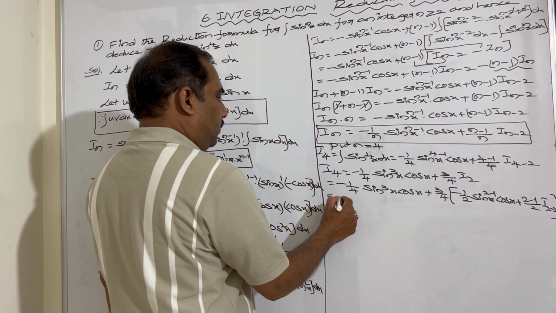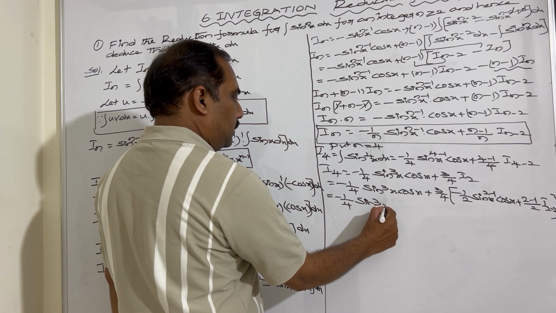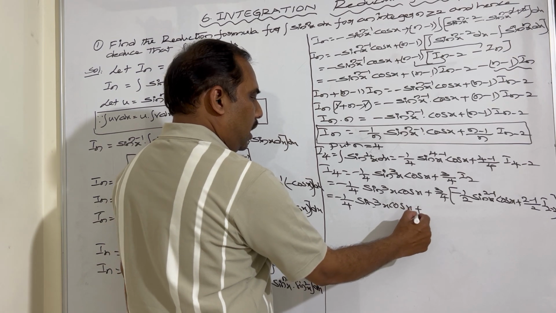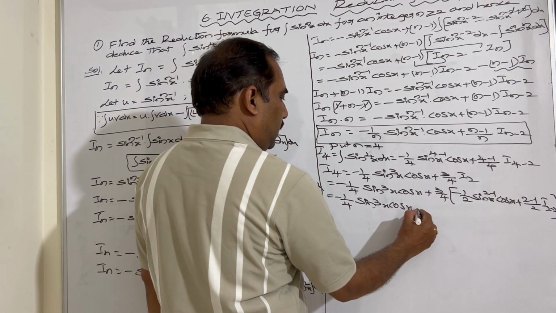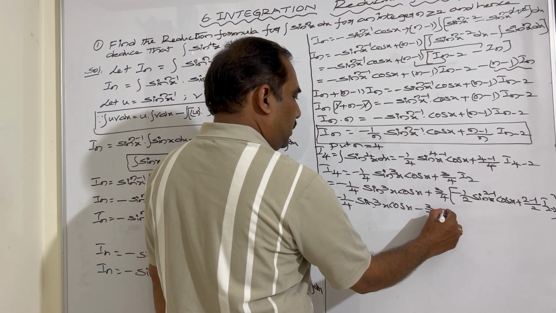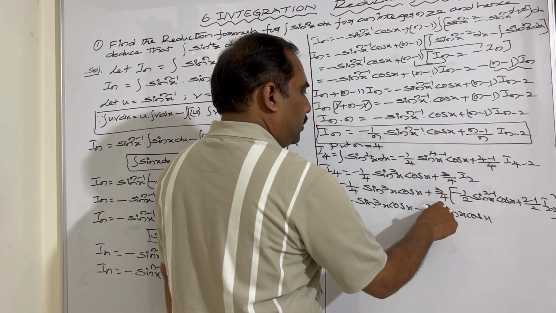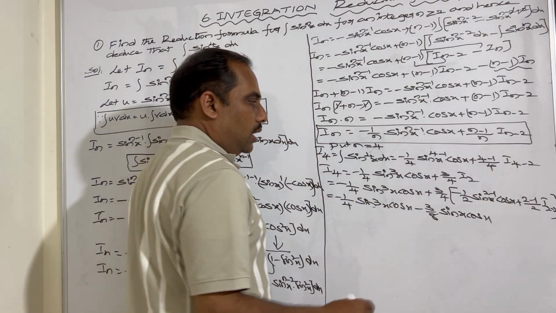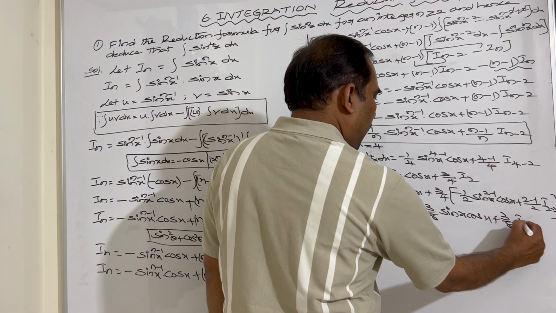So now which is equal to minus 1 by 4 into sin cube x into cos x, and plus here 3 by 4 into minus 1 by 2, that is multiplying with plus 3 by 4, minus 3 by 8 into sin x into cos x, and 3 by 4 into 1 by 2 here, so that is plus 3 by 8 into I0.